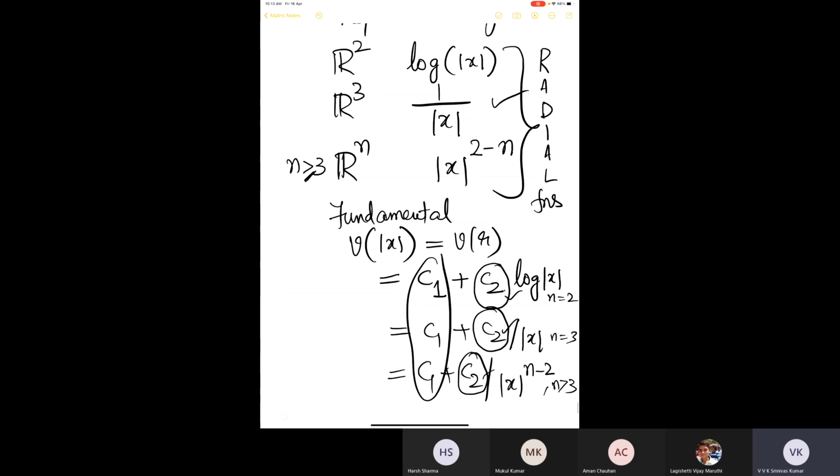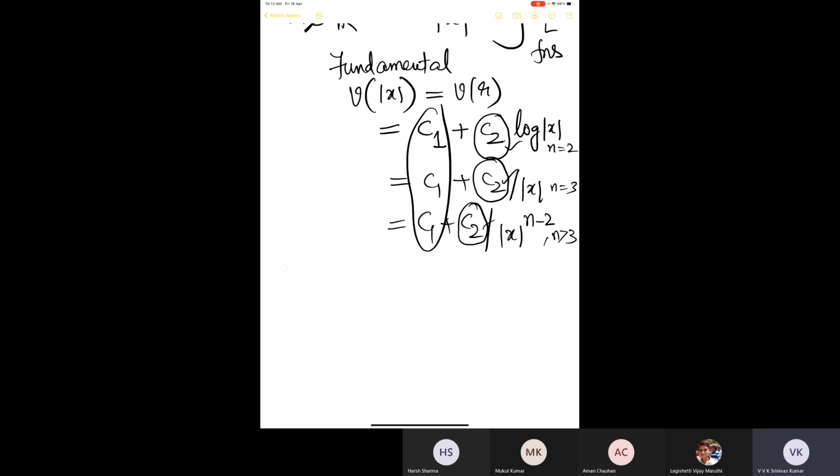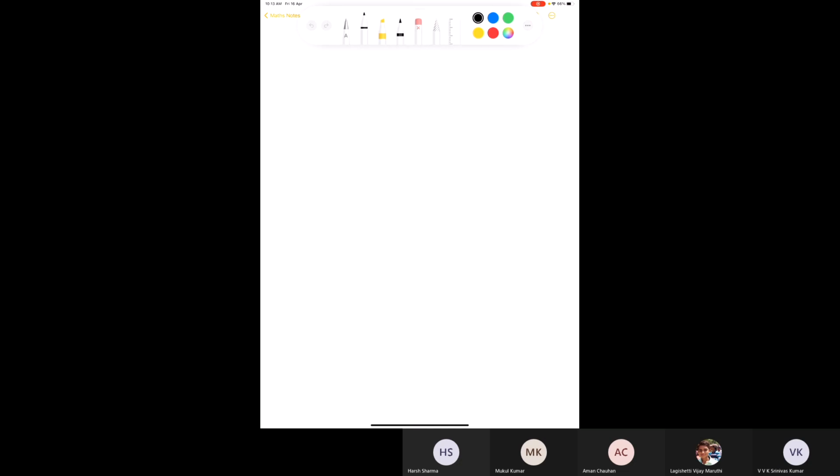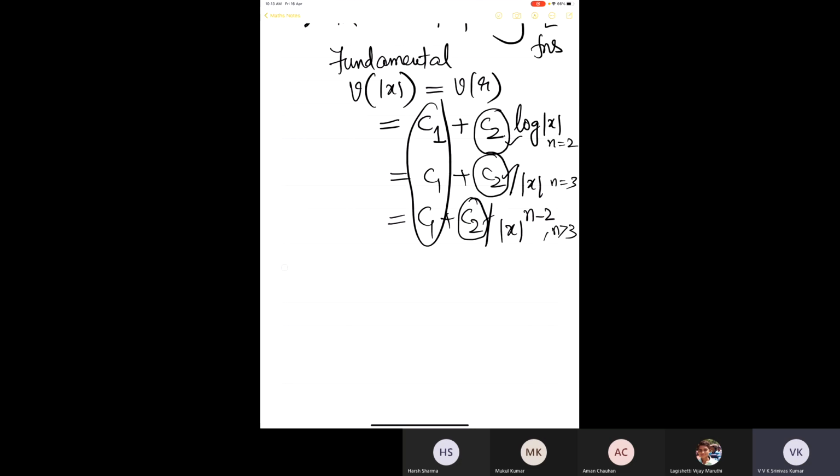We have mentioned this before: C2 in 2 dimensions is 1 upon 2 pi, in 3 dimensions 1 upon 4 pi, and so on. So these are the fundamental solutions with the constant.